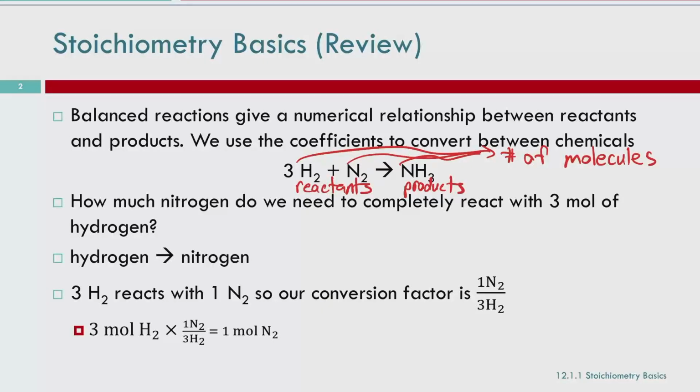So we've got 3 H2 molecules reacting with 1 N2 molecule, and that produces 1 NH3 molecule. That should have a 2 in front of it. That's not balanced. Great. Now it's got a 2 there, and now it's balanced.